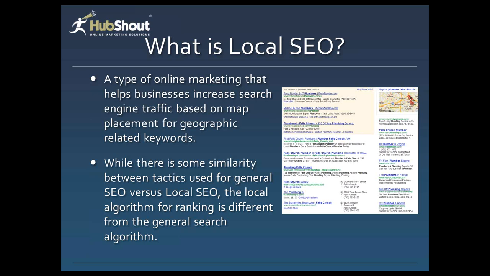So a lot of times when you search for things like plumber or lawyer, Google has assumed that someone searching for a plumber is probably looking for someone near them, and so they're using either their personalized information in terms of what they've set as part of their Google profile, or they're using your IP address that you often see on the left-hand side of the search results page to show relevant search results for that location. So we're going to talk mostly about Google here, but something similar happens with Yahoo and Bing, for that matter.